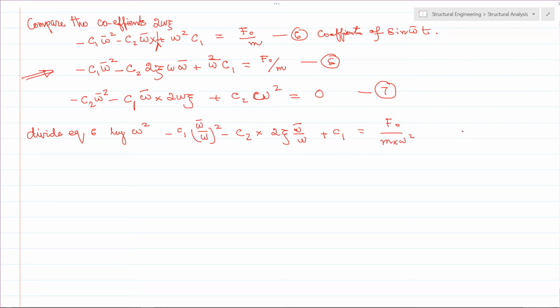And we know that the frequency ratio R was omega bar over omega.